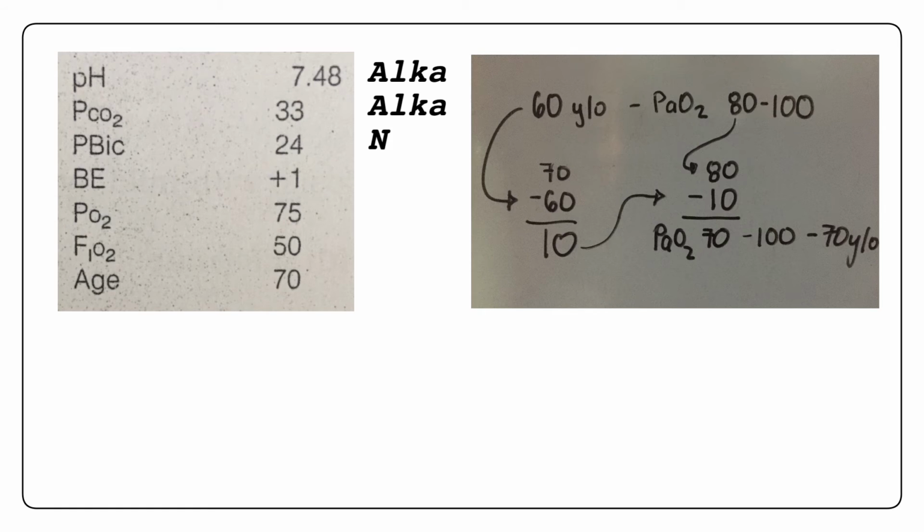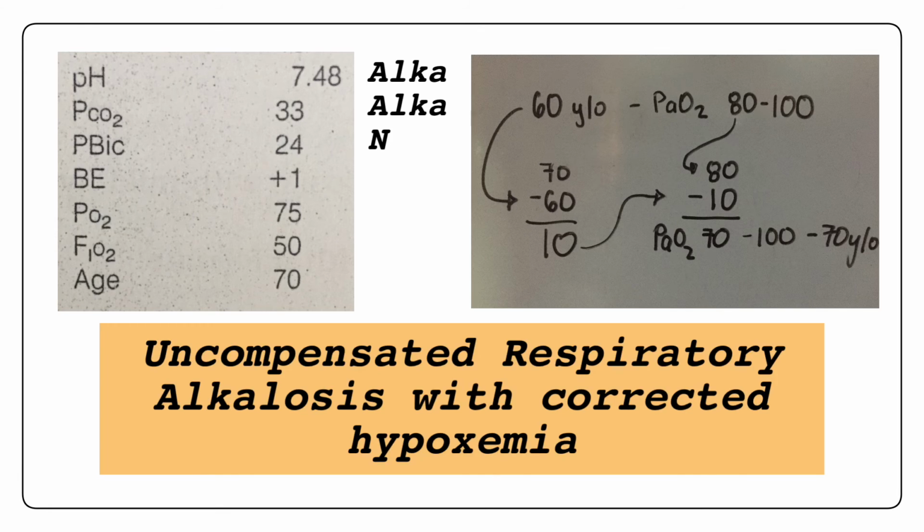Then, since the lower limit of the PaO2 range is 80, we have to subtract 80 minus 10 and that will give you 70. So, the normal PaO2 of the 70 years old patient is 70 to 100. Therefore, the ABG result of this 70-year-old patient is uncompensated respiratory alkalosis with corrected hypoxemia.